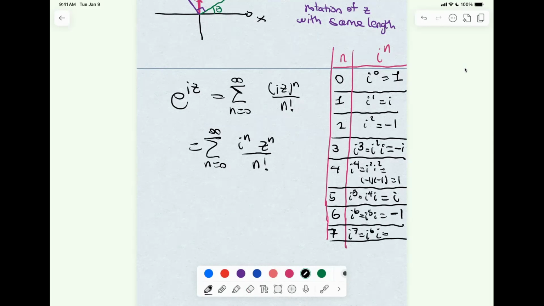Okay, and then this gives you -i. So what I'm saying is that it is a cycle of 4. This is a repetition, and then this is another repetition. So the powers of i come in groups of 4.